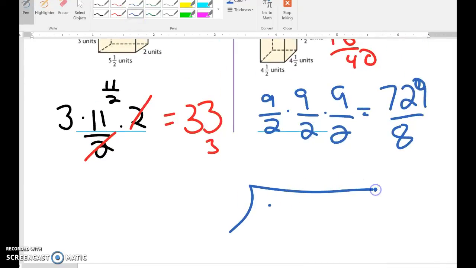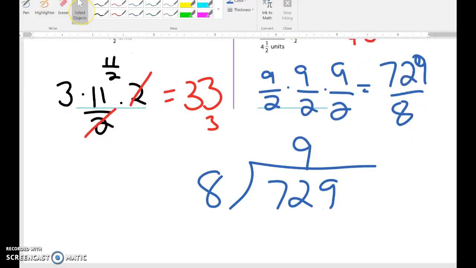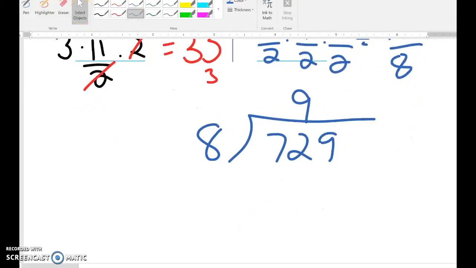And you can use your fantastic long division skills to do this. And it's actually not going to be so bad because we already know that 9 times 8 is 72. Anytime we divide by 8, we could have up to 3 decimal places. You should remember that.